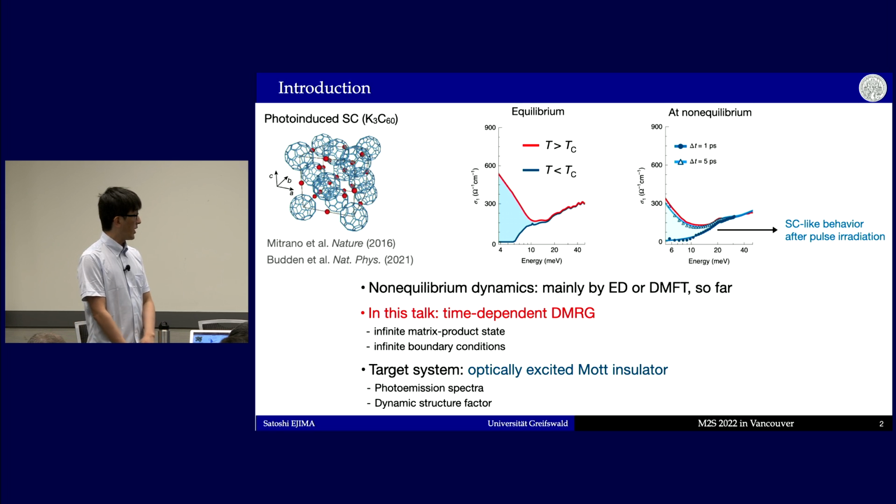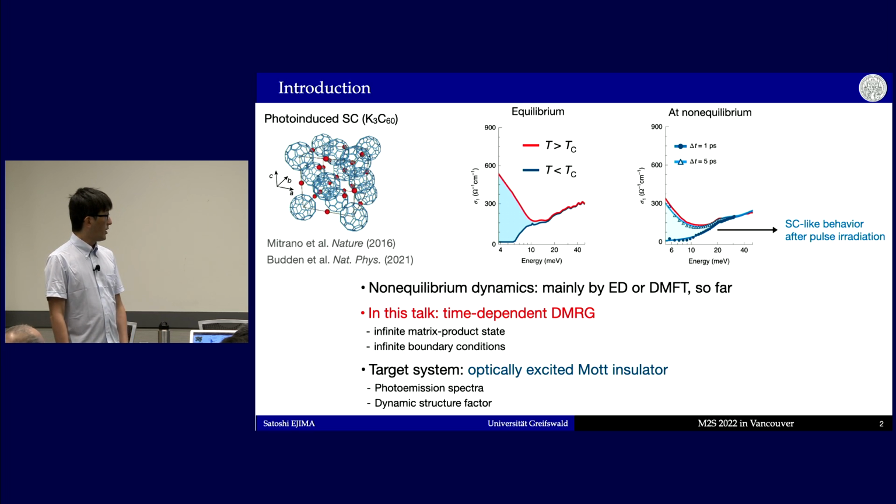In this talk, I would like to demonstrate that non-equilibrium dynamics can also be simulated by time-dependent DMRG using the translational invariance. We applied this technique to the optically excited Mott insulator and show time-dependent photoemission and dynamic structure factor.